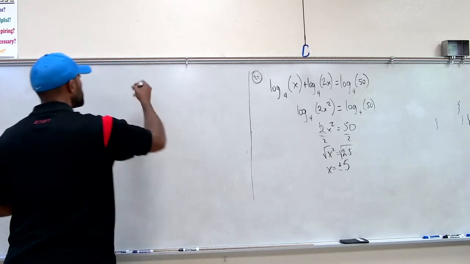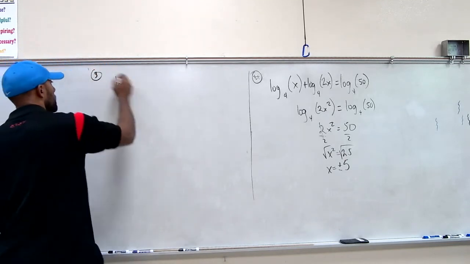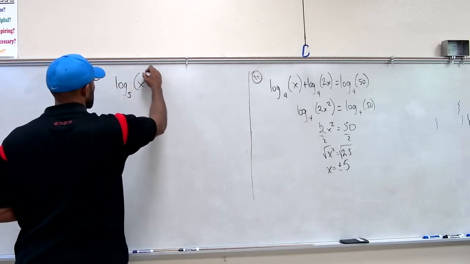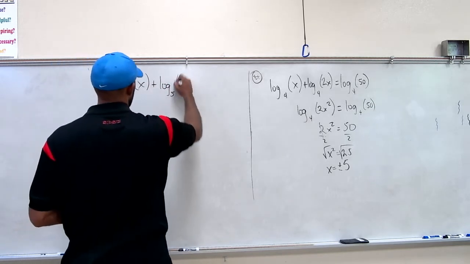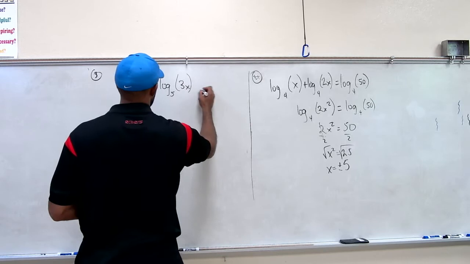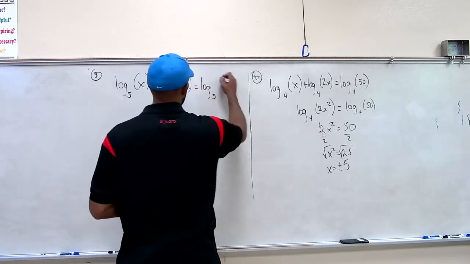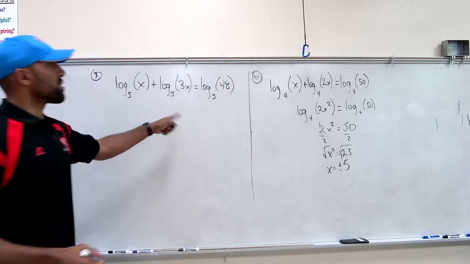Your problem is going to be log base 5 of x plus log base 5 of 3x equals log base 5 of 48. You follow the same steps.